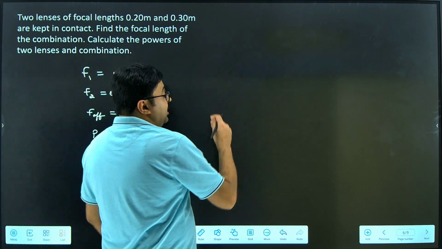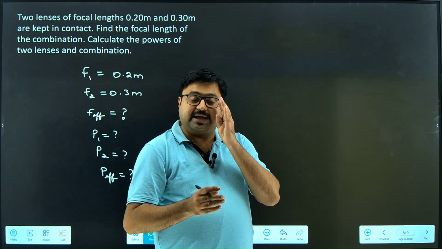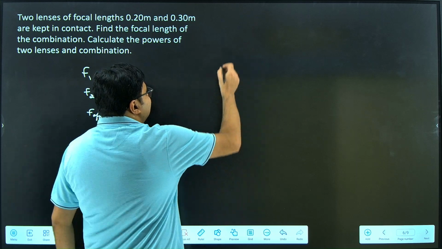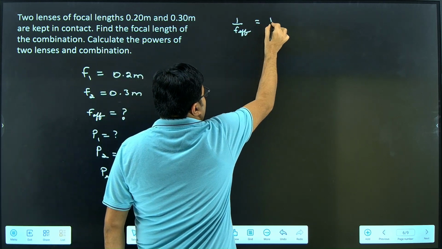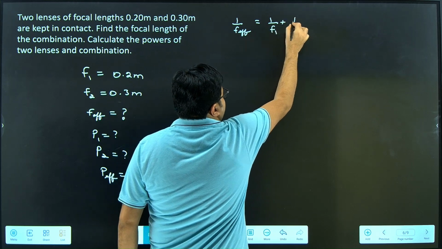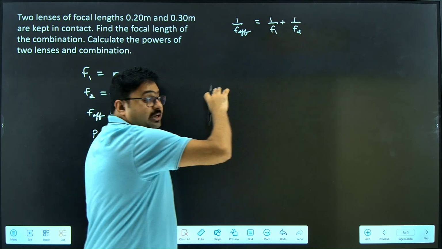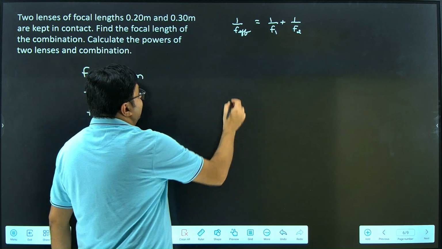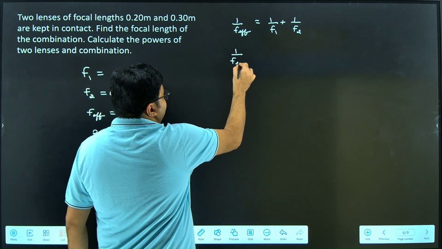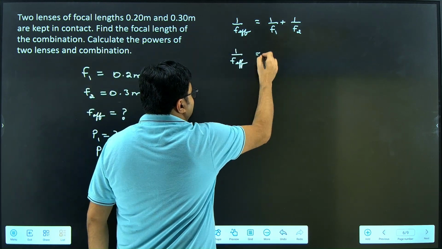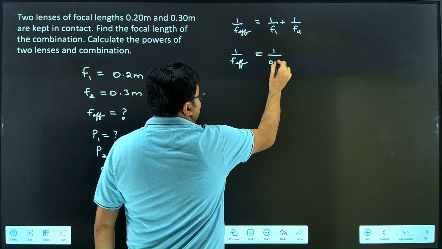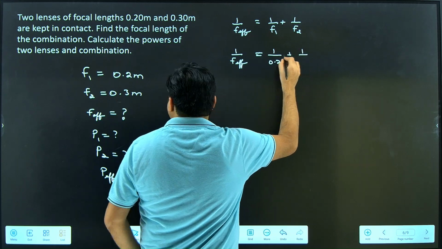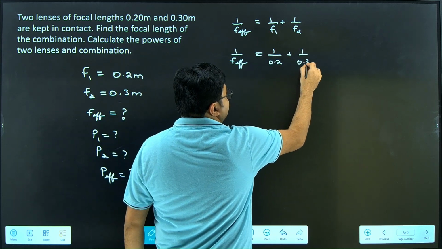Quite easy. Now, whenever there are two lenses kept in contact, then the effective focal length, 1 by F effective, becomes equal to 1 by F1 plus 1 by F2. This is the effective focal length of the combination. We have 1 by F effective equal to 1 by F1, which is 0.2 meter, plus 1 by F2, which is 0.3 meter.